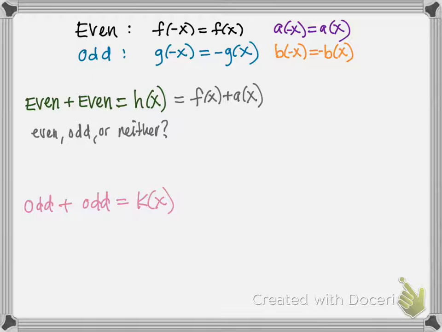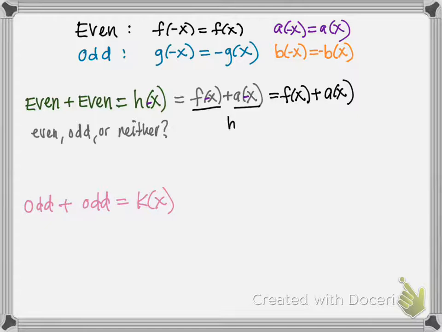Well, if this is even, if I plug in negative x, I should get the exact same function that I started with. So let's see if that is true. If I plug in negative x, f of negative x is the same thing as f of x, and then a of negative x is the same thing as a of x.